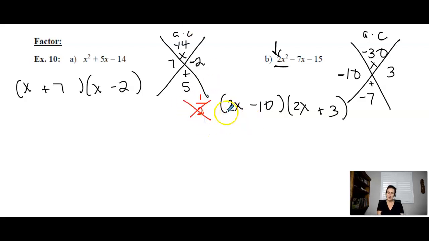What I like to do is divide both of these by 2, and then nothing is going to simplify in this second one. So this is going to give me x subtract 5 and 2x plus 3. If you're unsure, you should always check. 2x times x is 2x squared, 3x minus 10x is negative 7x, and last times last is negative 15.